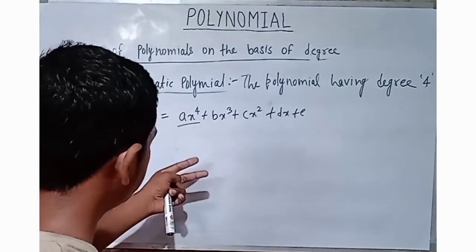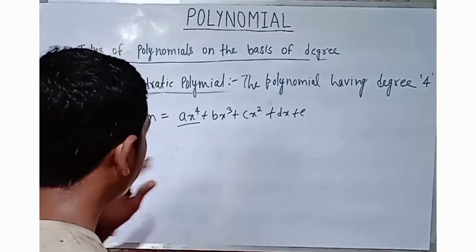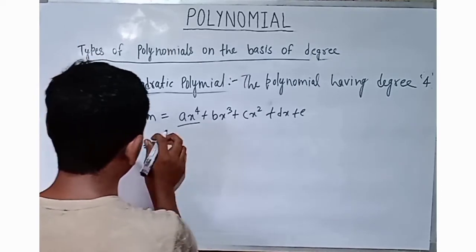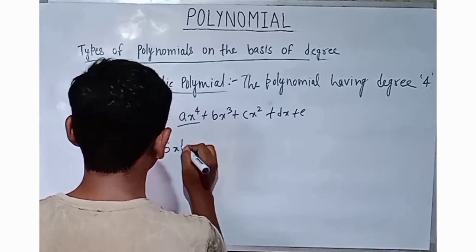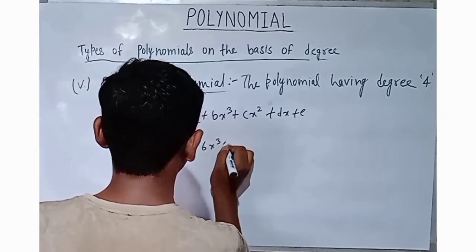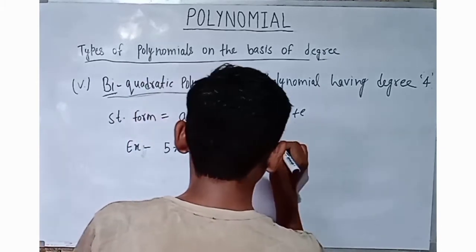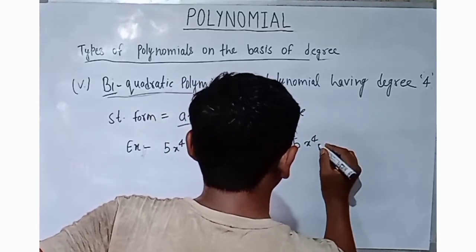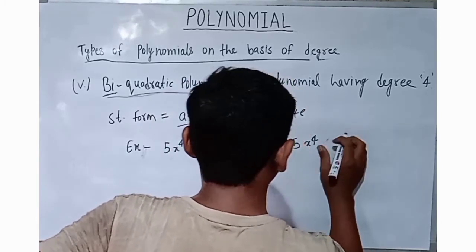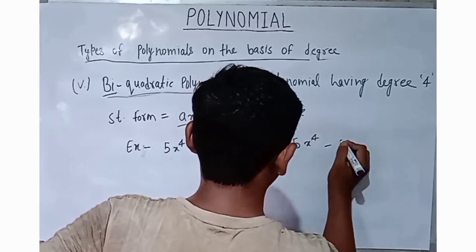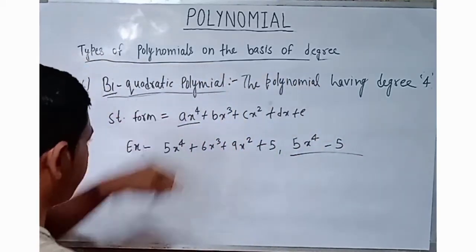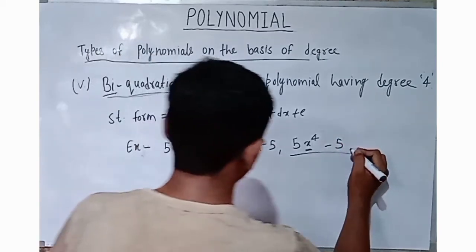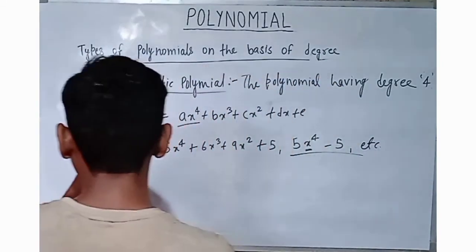This condition, or say statement, you should remember. So for example, 5x to the power 4 plus 6x cube plus 9x square plus 5, and so on. 5x to the power 4 minus 5. This can also be a biquadratic polynomial because the degree of the variable is 4. There are lots of examples.